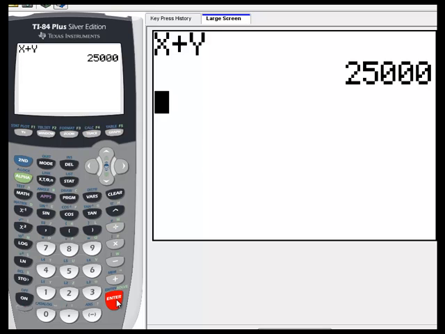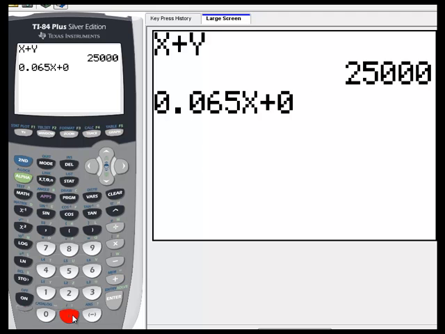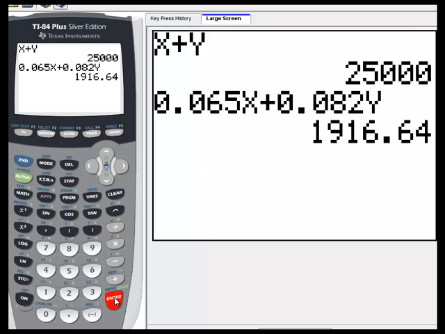Now the more challenging second equation, its left-hand side, 0.065x plus 0.082y. Enter. 1916.64.